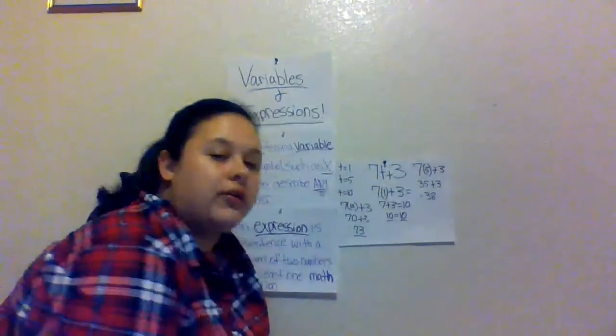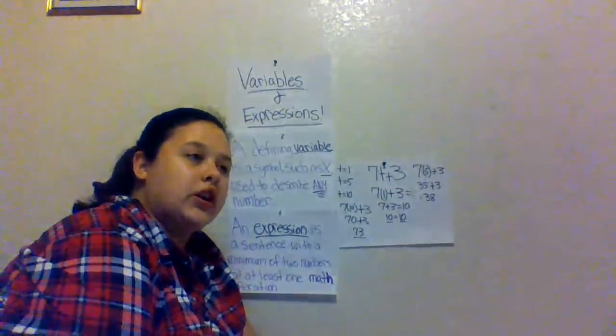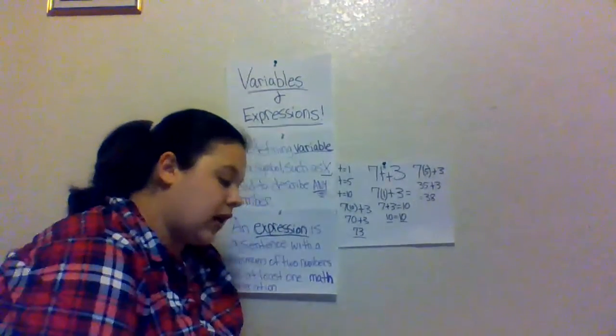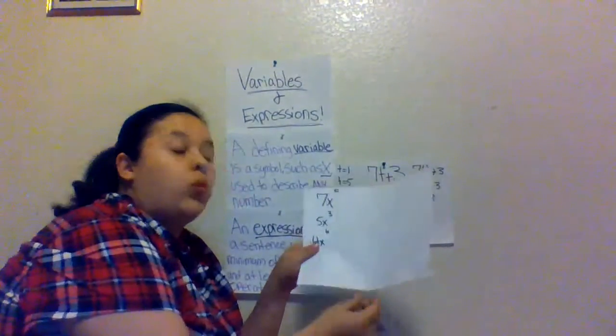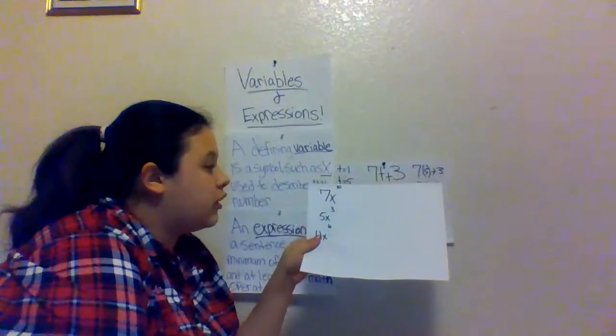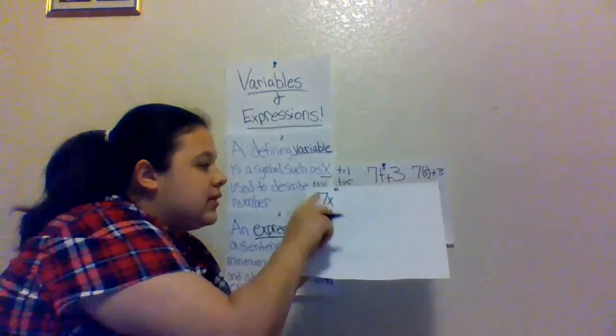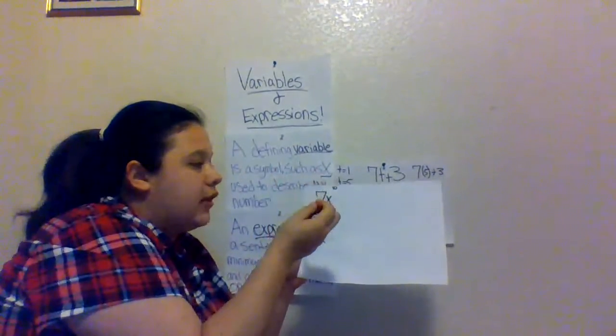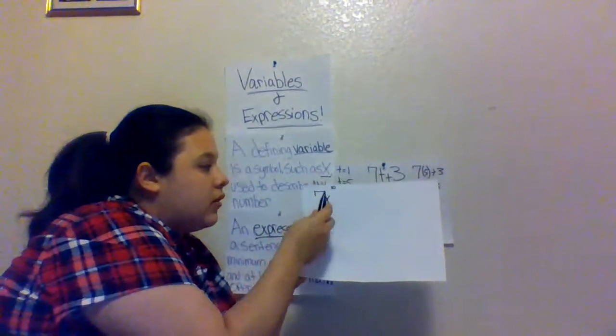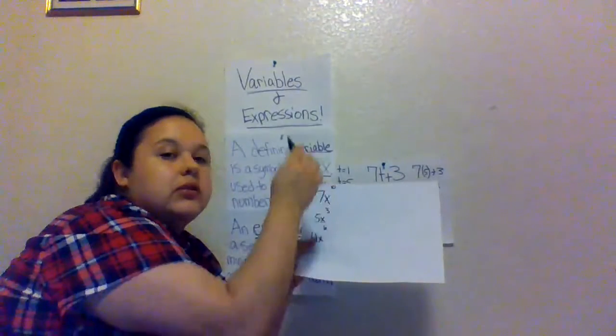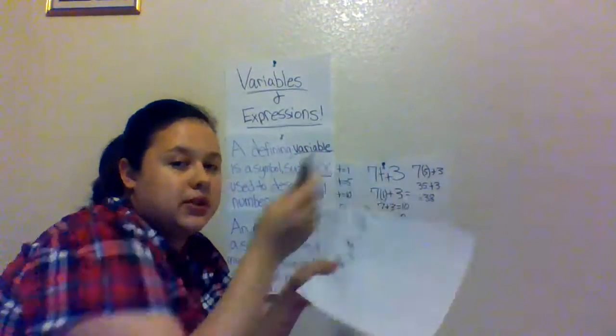So say if we were to fill in a number for any of these equations right here, say 7 times 1 to the 10th, what you would do is first take care of the x and the 7, which would be multiplied together, and then multiply that amount each 10 times itself.